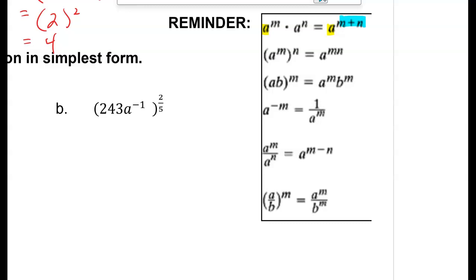A monomial is one term, what do you do with your exponents? You multiply them. Now, if I still have one term, but I have multiple variables, everything gets raised to that power, correct? We do that with numbers, variables, all of those.